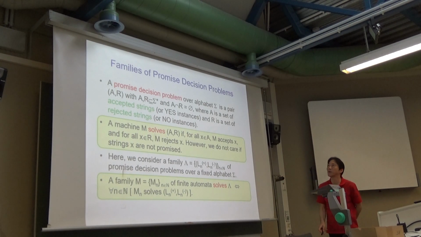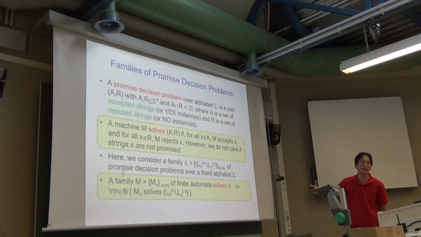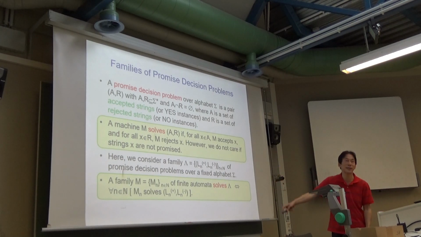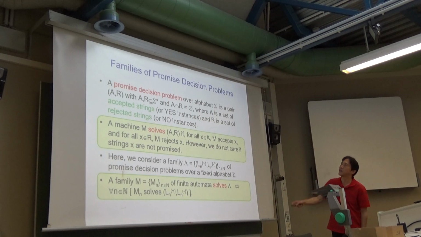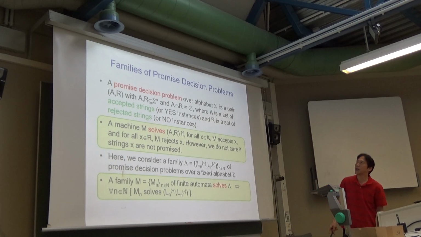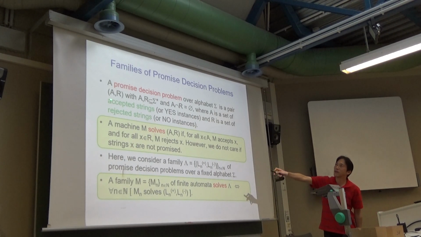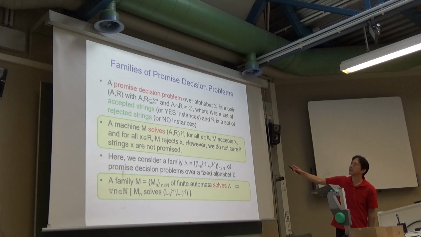About the promise problem. A promise problem is not a single set, but a pair of sets. And those two sets have no intersection. The first one, A, is a set of so-called accepted strings or yes instances. The latter one, R, is the set of rejected strings or no instances.